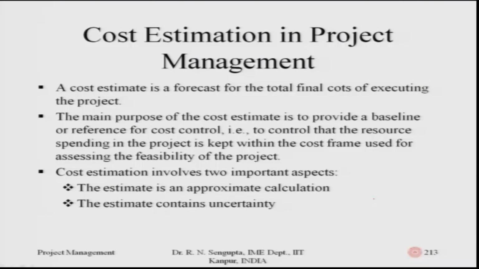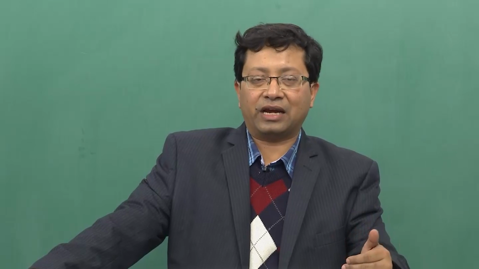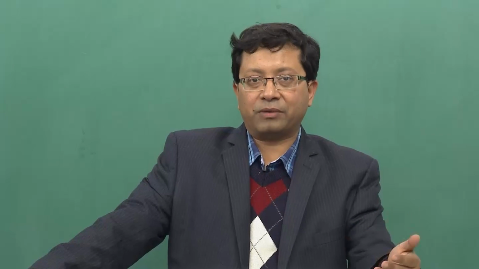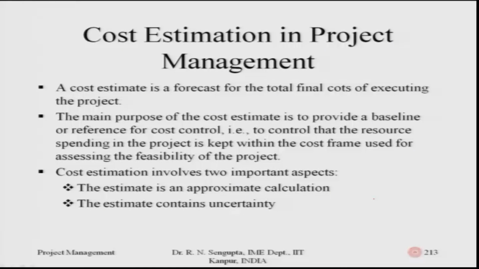We want to control the resources spent in the project so that they are kept within the cost frame, used for assessing the feasibility of the project: whether the project is feasible, whether it has positive or negative returns, whether the fixed costs are very high, whether the variable costs are very high. All these concepts can be cleared once you make a decision about the overall cost structure. Based on those positive and negative outcomes, you can decide whether you should go ahead and invest in that project. Cost estimation involves two important aspects.